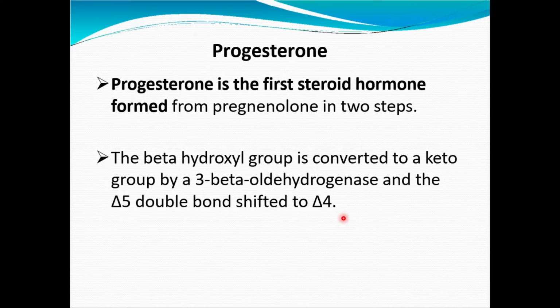Actually, in the ovary, progesterone is produced at all stages of follicular development as an intermediate for androgen and estrogen synthesis, but it becomes a primary secretory product during the luteal phase of the menstrual cycle.